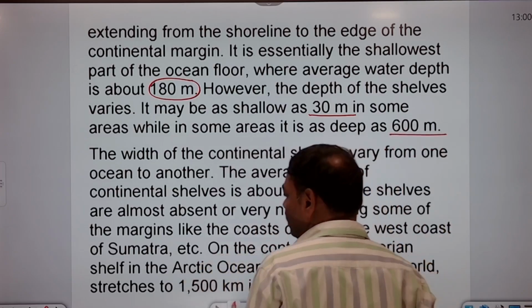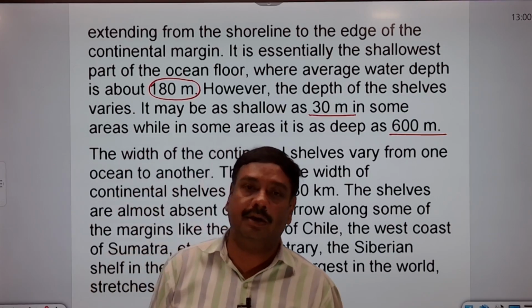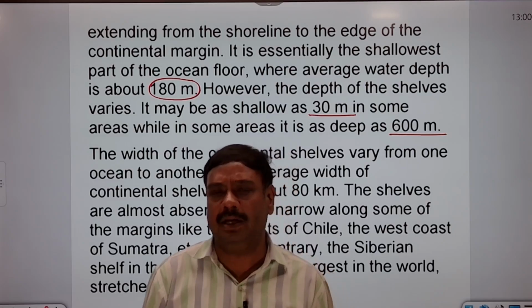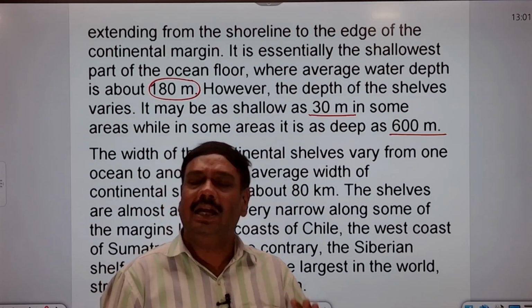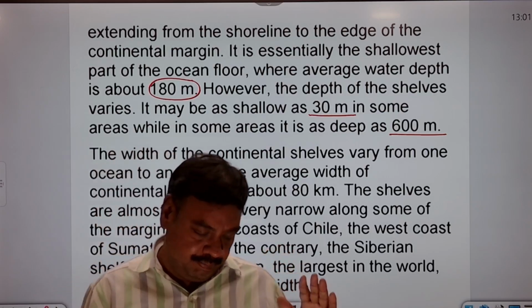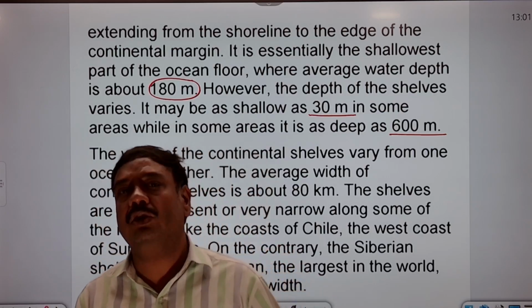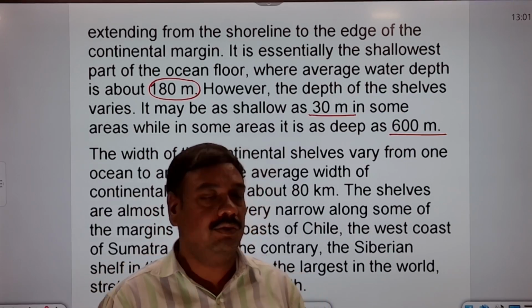So maximum depth of the continental shelf can be taken up to 600 meters, minimum 30 meters, right? It depends upon the area, upon the portion of the continental crust that got extended into the ocean water. In that way you can see.